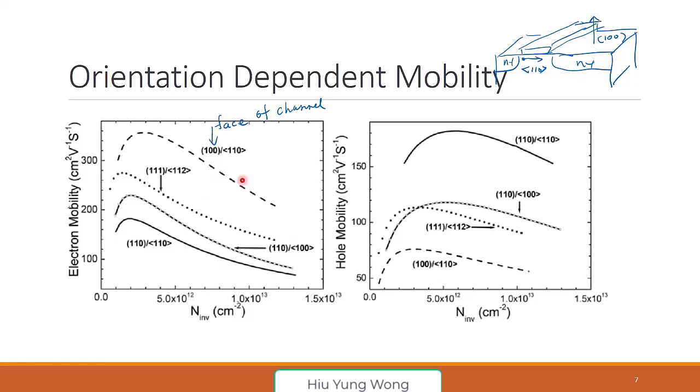And same for the hole. They are dependent on the orientation. This is the most important thing I want you to take home. Depending on what type of wafer and how you lay out your transistor, you have different mobility. It means you have different current.